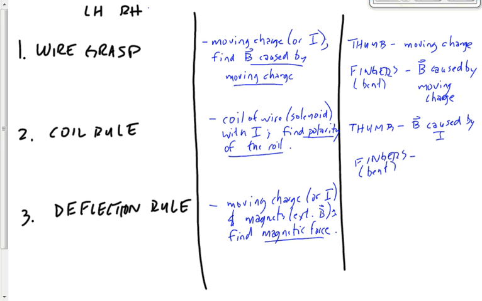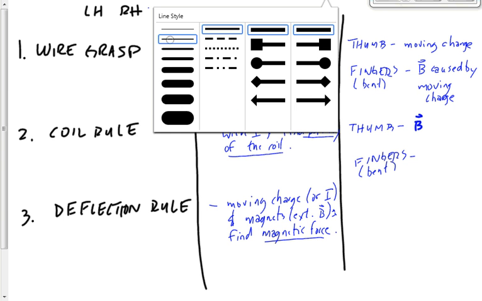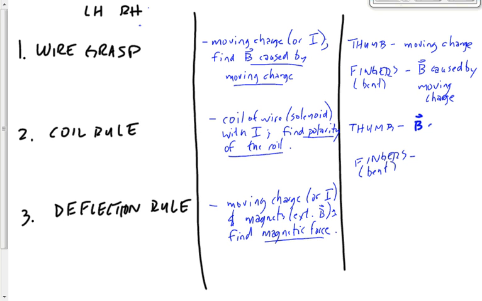And our bent fingers, sorry, that's wrong, that's backwards. Our thumb is going to point in the direction of the magnetic field caused by the current. And our bent fingers are going to point in the direction of the moving charges, or point in the direction of the current.